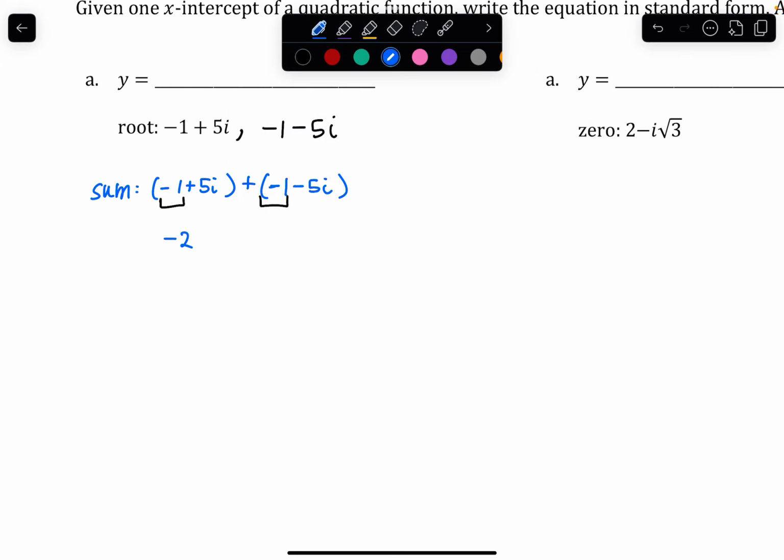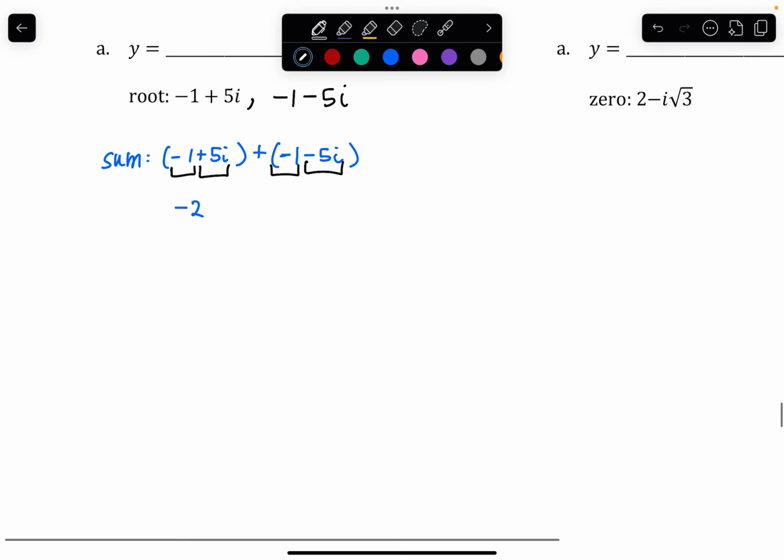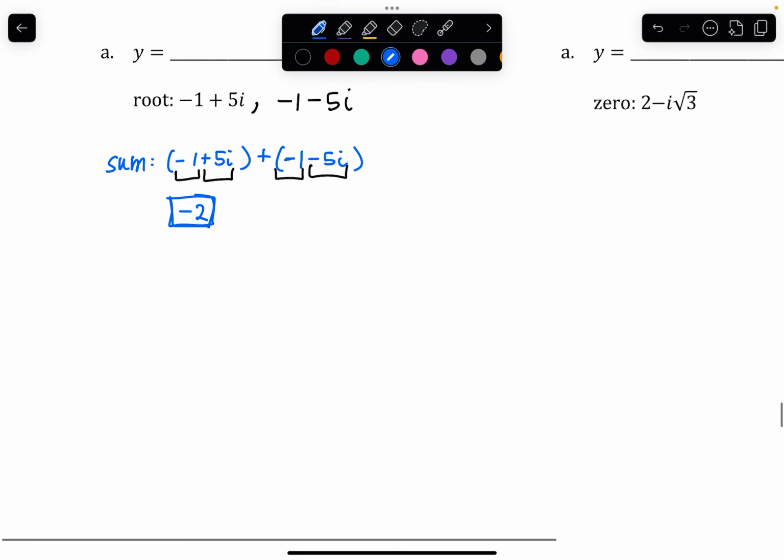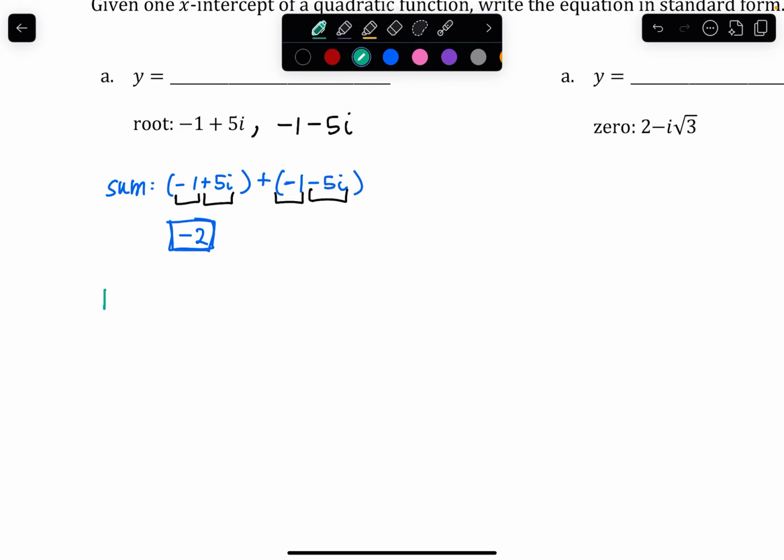And then 5i plus -5i is no i. And so you should get real numbers for the sums and products. So our sum is -2. And then our product, because it's a conjugate, it will also be a real number.